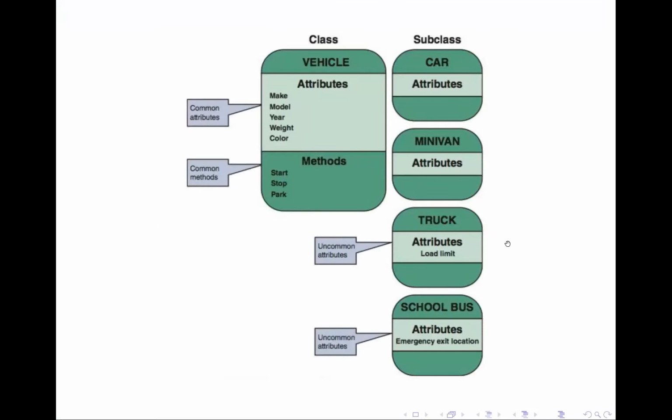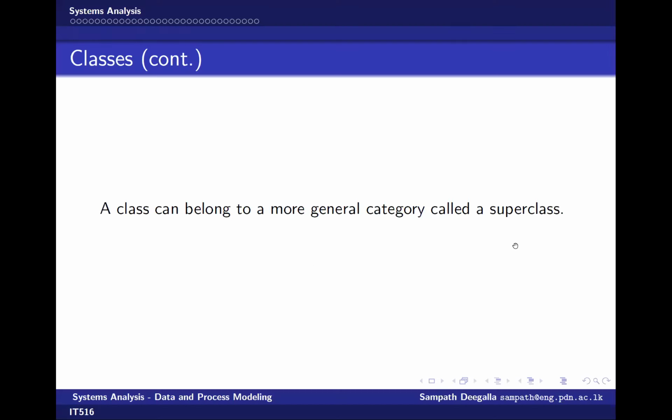For example, here we have a vehicle class, and then we have a set of subclasses, which can inherit the attributes and the methods from the vehicle class. You will see different subclasses may contain some additional attributes, which we here represent as uncommon attributes.